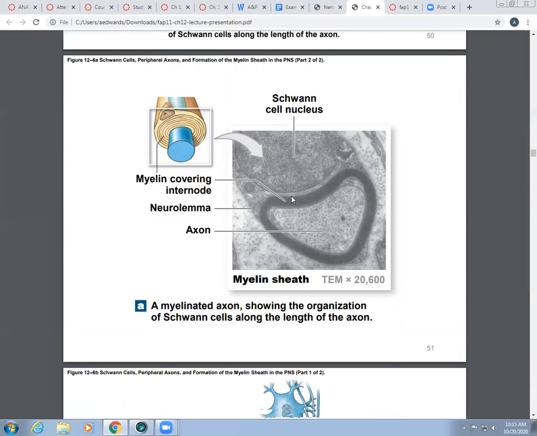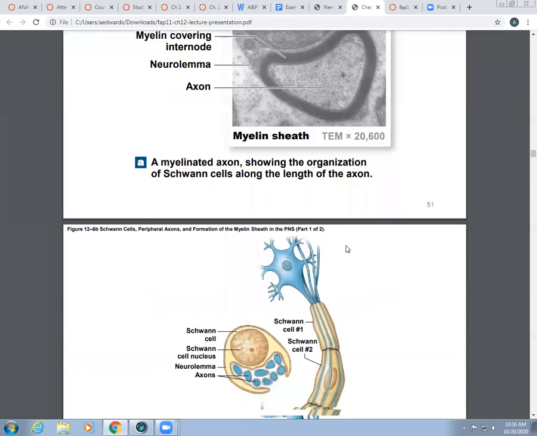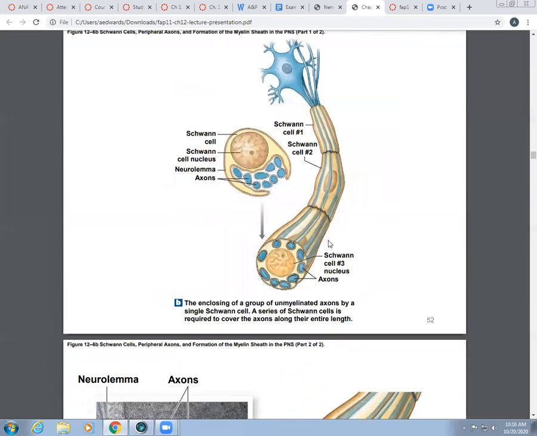Here's some myelin covering the internode. It's wrapping layers around it. Here's the axon. Okay. Outer covering is the neurolemma. So this whole thing forms the myelin sheath.